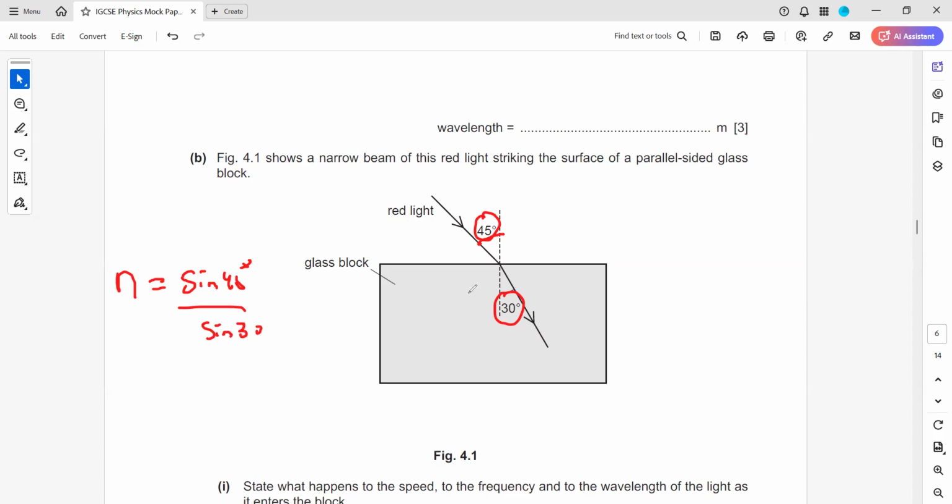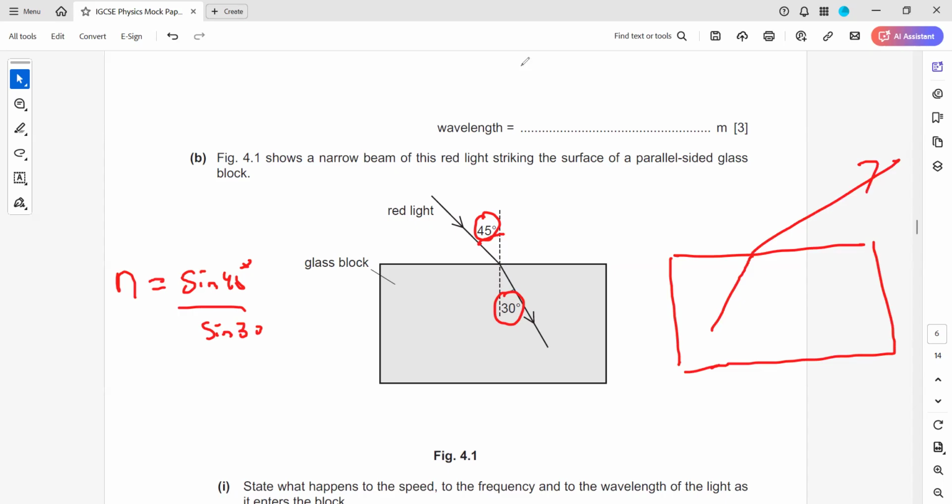But if it was traveling the other way, like the light was in glass and going into the air, and the angles were given, say 60 and 40, and I need the refractive index, what will I use? Again, it's always the greater angle, so I'll write sine 60 over sine 40. That's it. The numerator angle is always greater than the denominator.